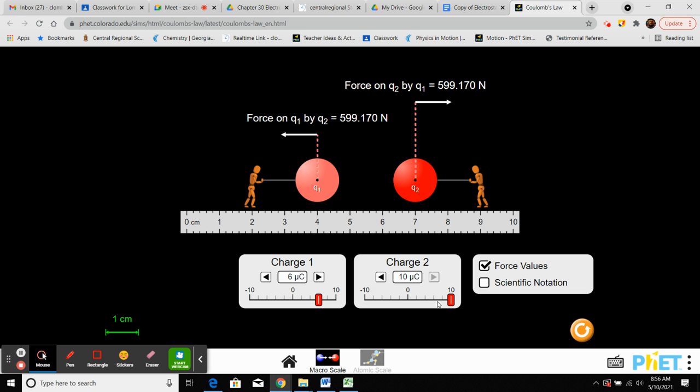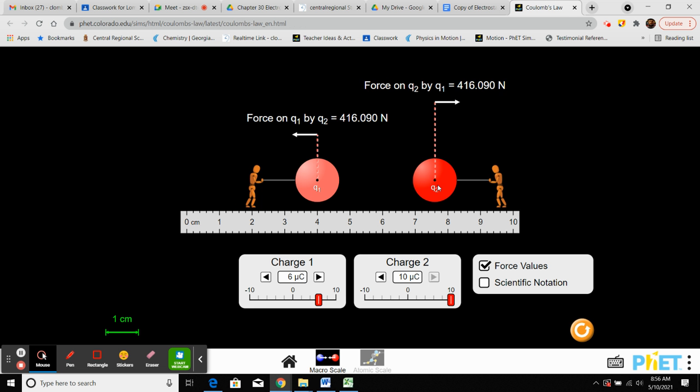It is also repulsive. So if they have the same or like charge, both negative or both positive, it is a repulsive force. And if one of them is positive and one of them is negative, that's opposite, and they will be attractive.